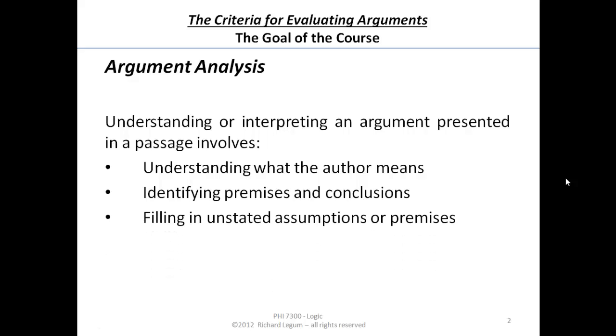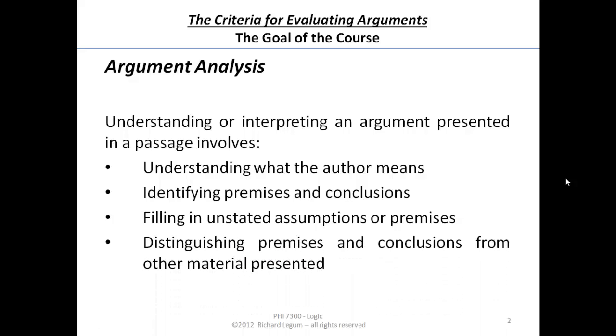You need to fill in unstated assumptions or premises. And we'll talk more about that later on in the course. And you have to be able to distinguish the premises, the reasons for the conclusion, from other material that's presented. And those are the things that are involved in the first step, that is reconstructing the argument.